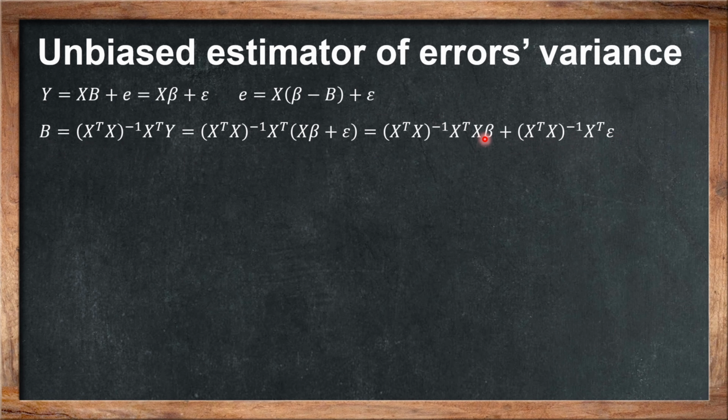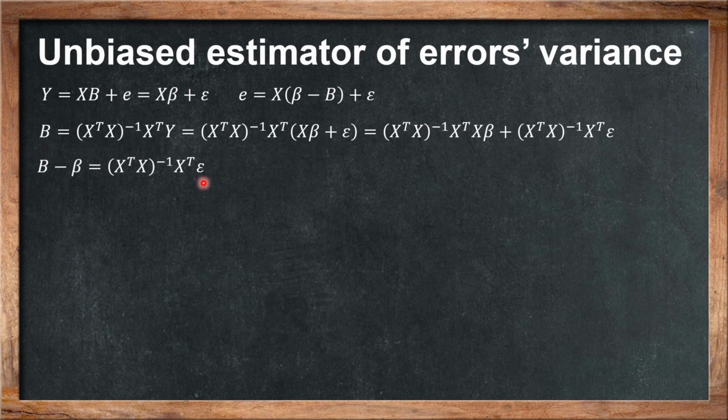And if we put beta into the left side of the equation, we get that b minus beta equals (X transposed X) inverted X transposed epsilon. And that's how we can show that b is an unbiased estimator of beta, since if we take the expected value of this expression, it will be equivalent to the expected value of the right side of the equation.